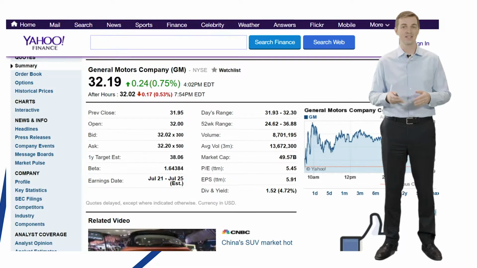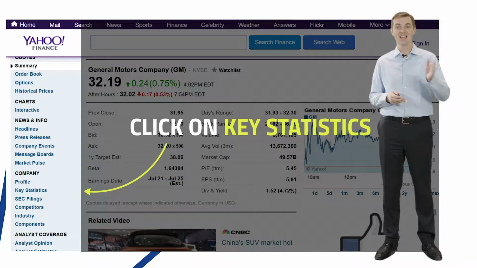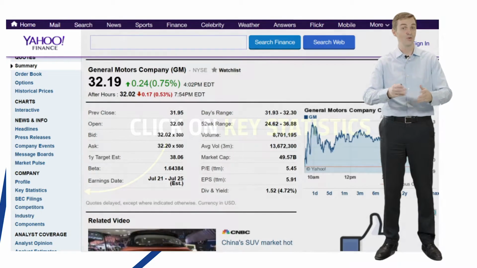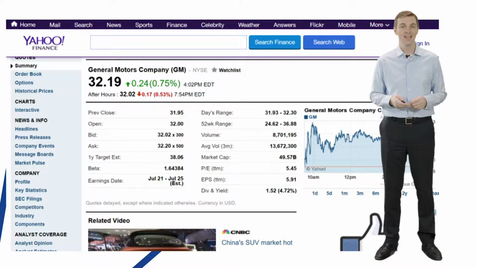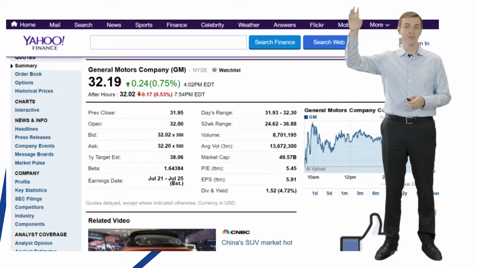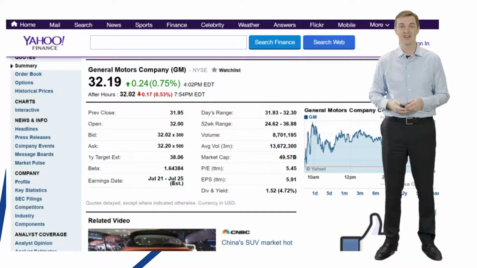In Yahoo Finance, this is found under the key statistics. Look at the high price and the low price of GM during the past 52 weeks, or whichever company you chose, and multiply that price by the shares outstanding and calculate what is the high market value of that company, and what is the low value in the past year.